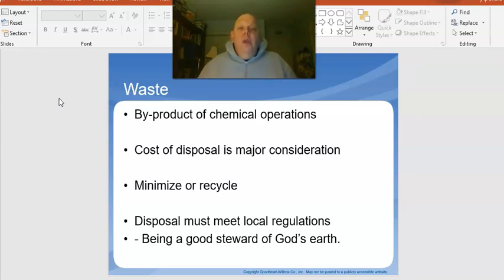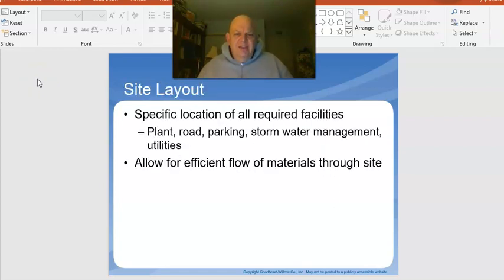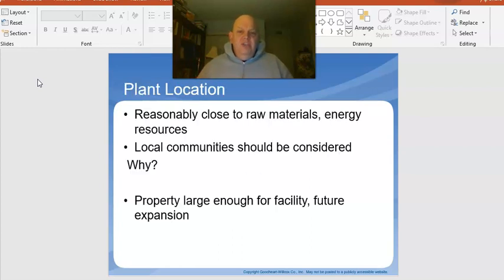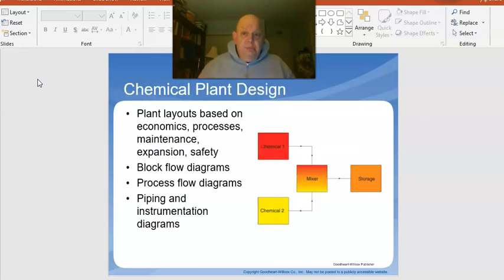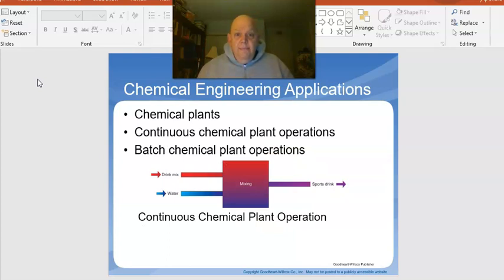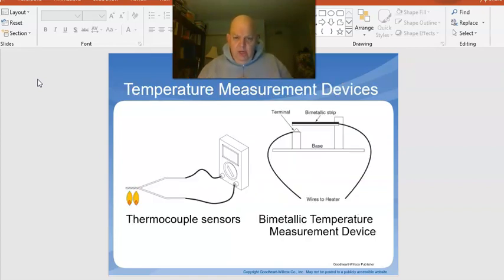Hey, we're done here. So, what did we cover? We talked about the factors involved in having a chemical plant. We talked about dealing with waste, dealing with site layout, dealing with the plant location. We looked at the plant design. How are you going to design a plant that you're going to be manufacturing something safely, efficiently, economically? We looked at the concept of continuous chemical plant operation versus batch chemical plant operations.